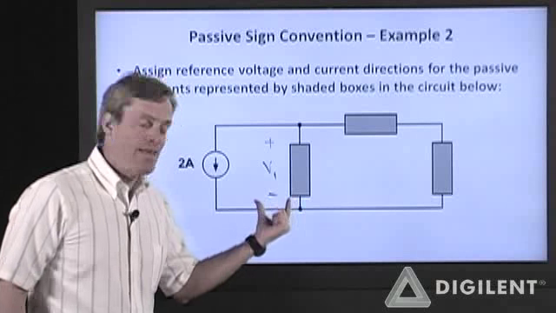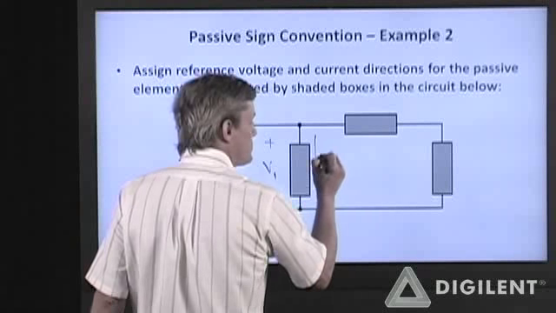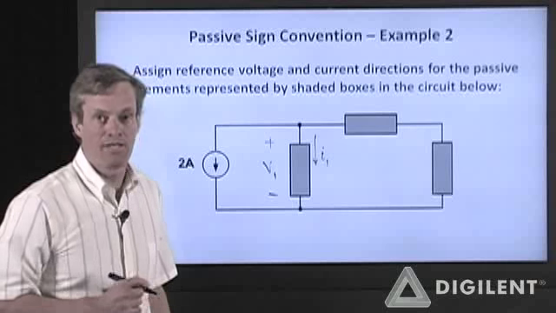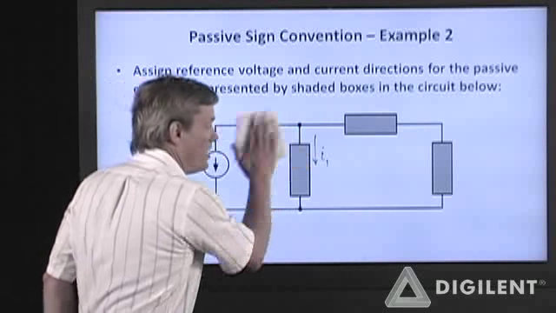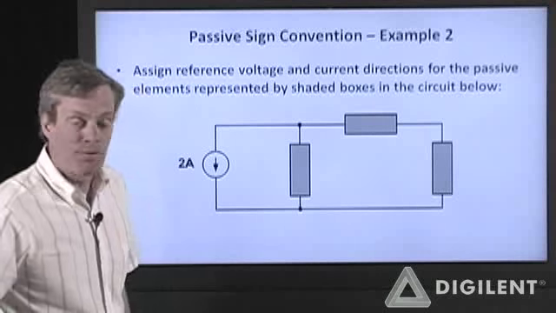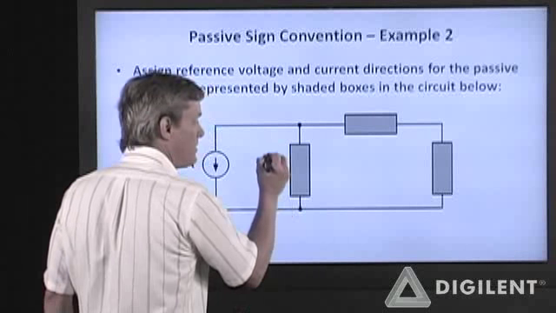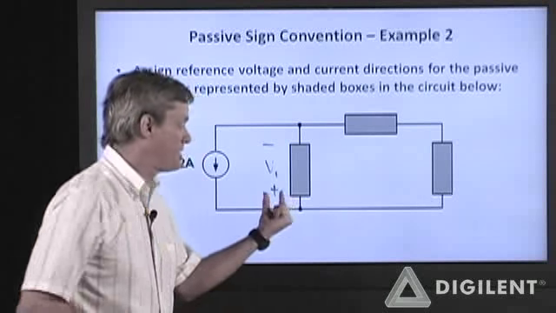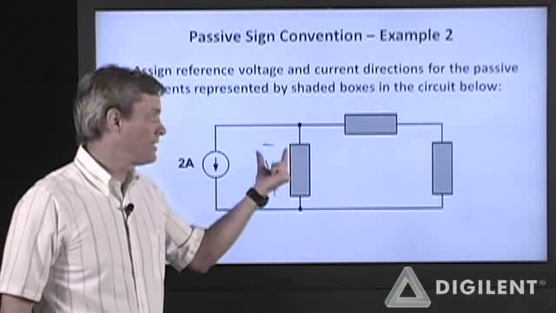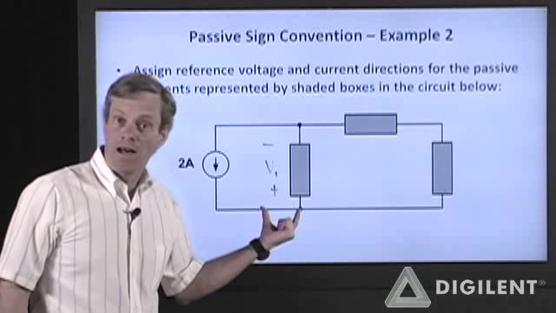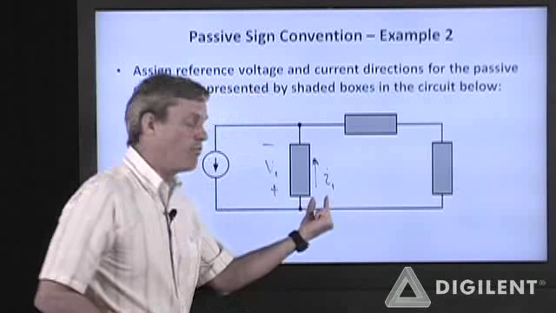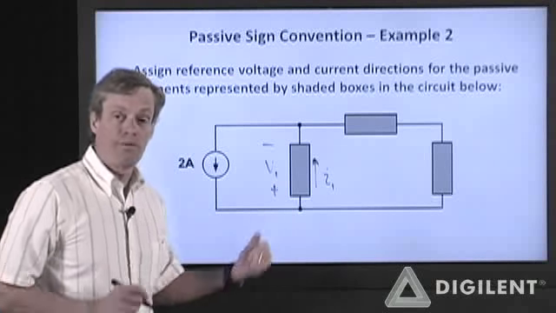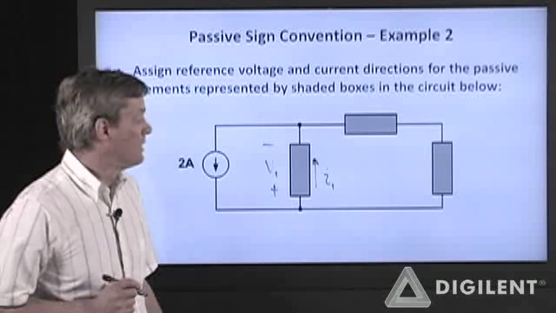However, once I've made that assumption, I have to assume that I1 is going positive into this node. Now, if you'd made an alternate assumption, I'm perfectly happy if you assumed that the voltage is positive at this lower node relative to the upper node. That's fine. Now, just make sure that you assume that I1 is going into the positive voltage node.